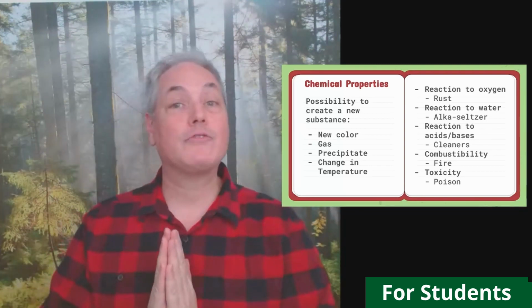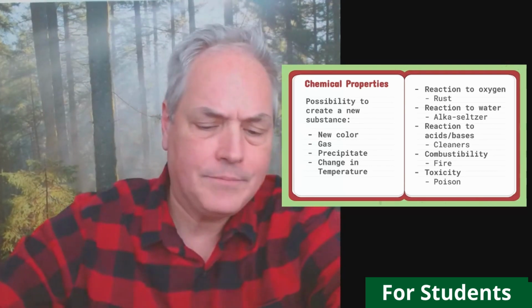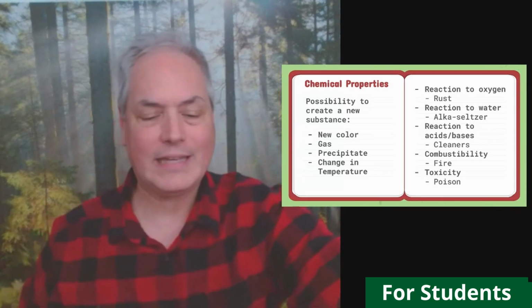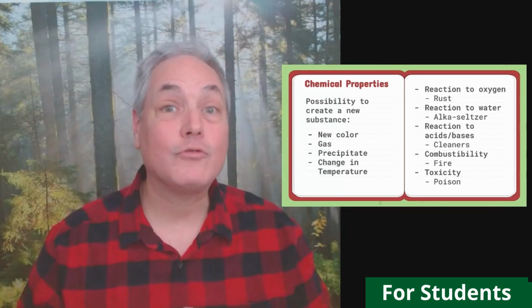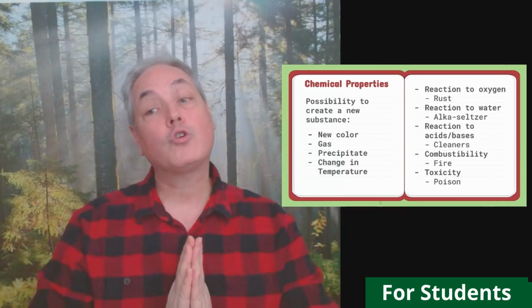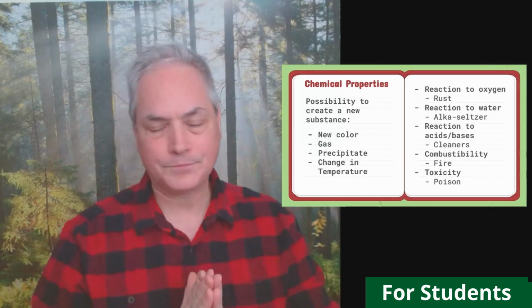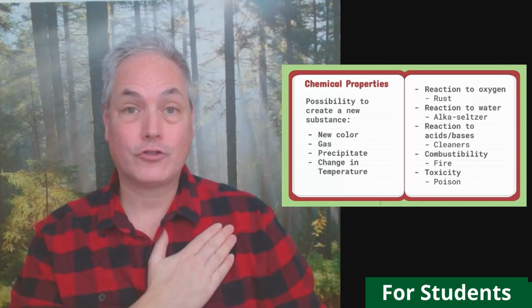You also have reaction to water. If you don't feel very good, some people use Alka-Seltzer, you put it in water and there's a reaction. It fizzes. That's a reaction to water. It could also be a reaction to acids or bases. Let's say you have a stain, like a tomato sauce stain on your shirt.